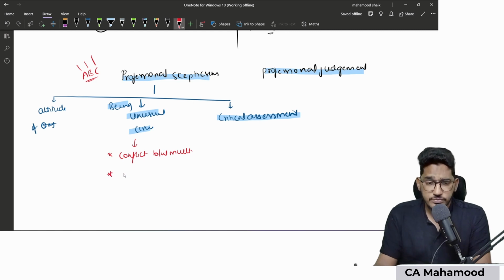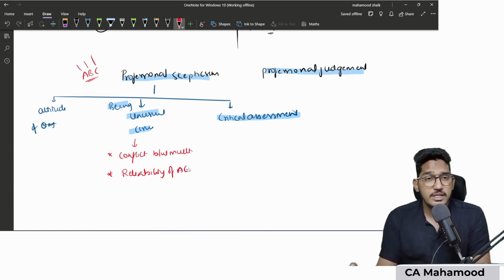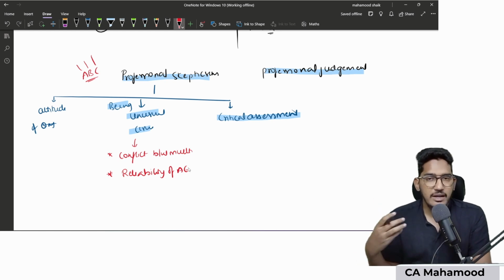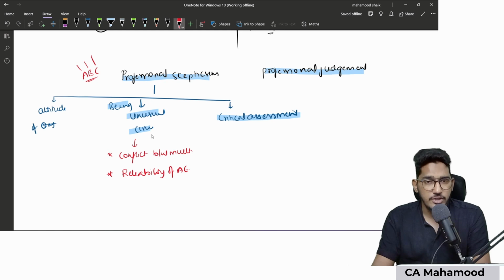And also, when you have doubts regarding the reliability of audit evidence, like you have seen some invoice, and on that invoice corrections are there, so you are able to see some strike offs. Like that, whenever you come across any circumstances which bring into question the reliability, the trustability of audit evidence, that is also one unusual circumstance to which the auditor should remain alert.